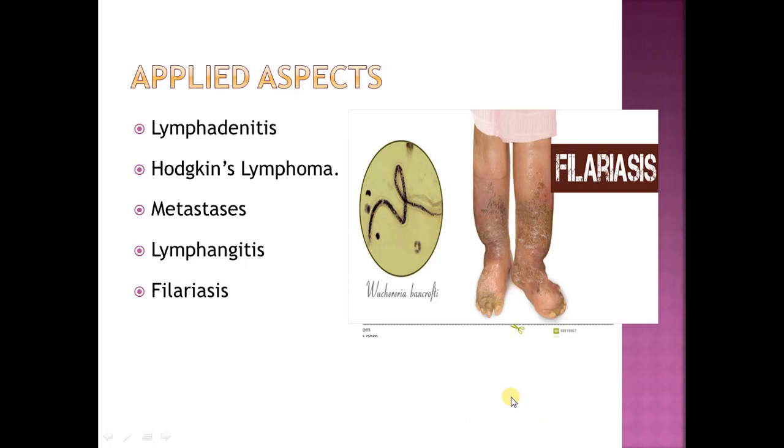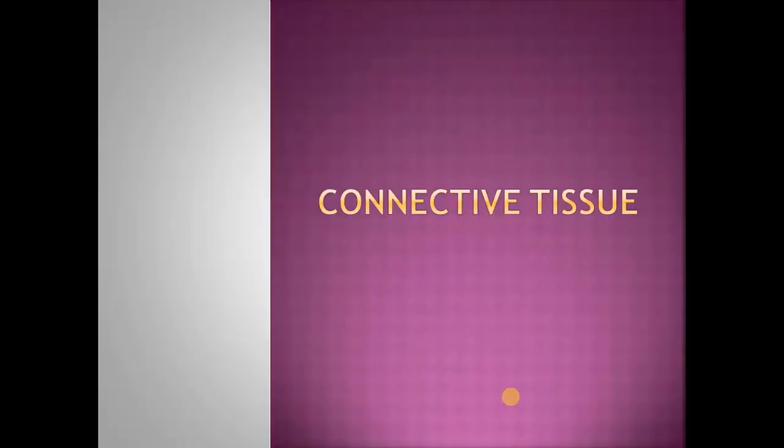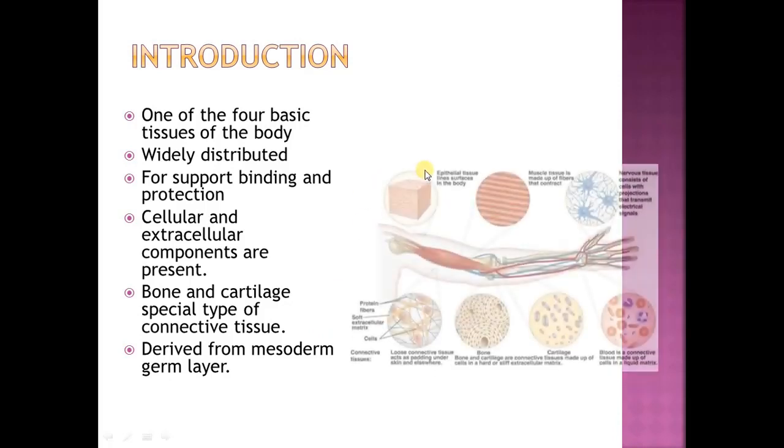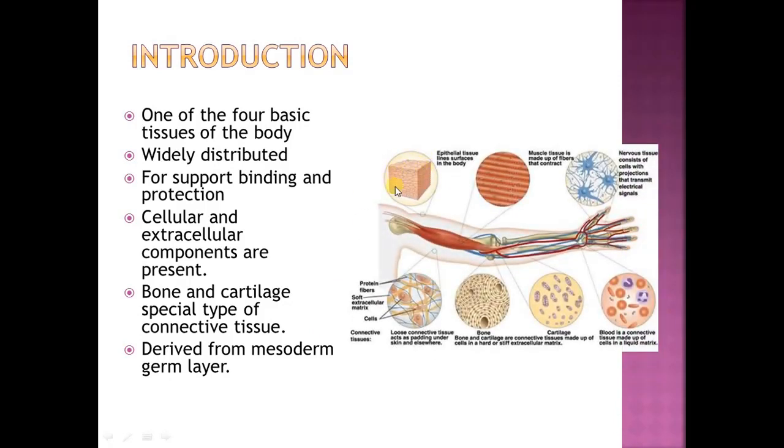Next, in brief, we will see certain aspects of connective tissue also, because we are going to encounter different types of connective tissue. One form of connective tissue we have already described, that is the bone. Okay. So one of the four basic tissues of the body, you all know: epithelial tissue, muscular tissue and nervous tissue.